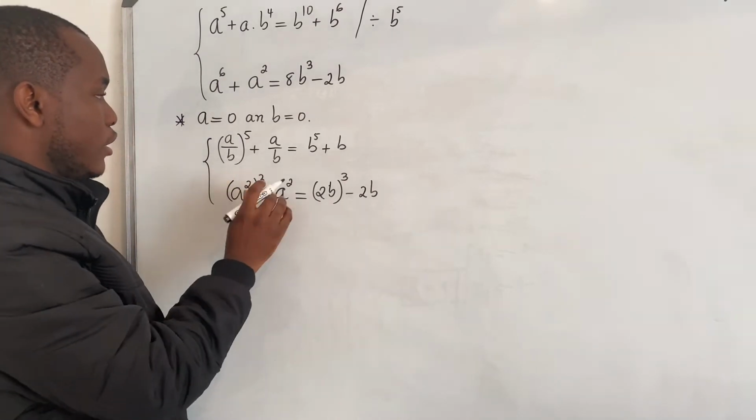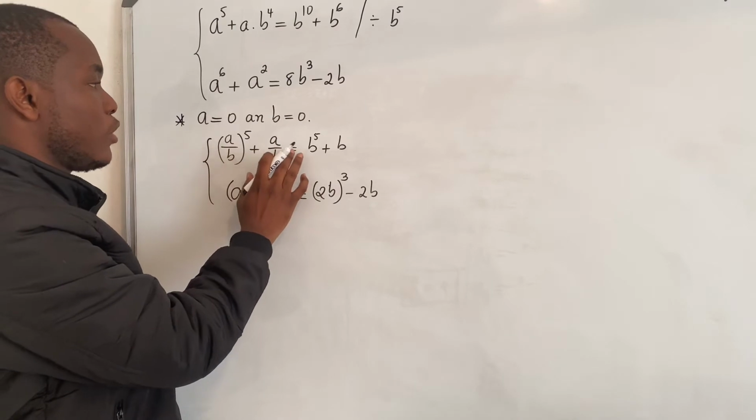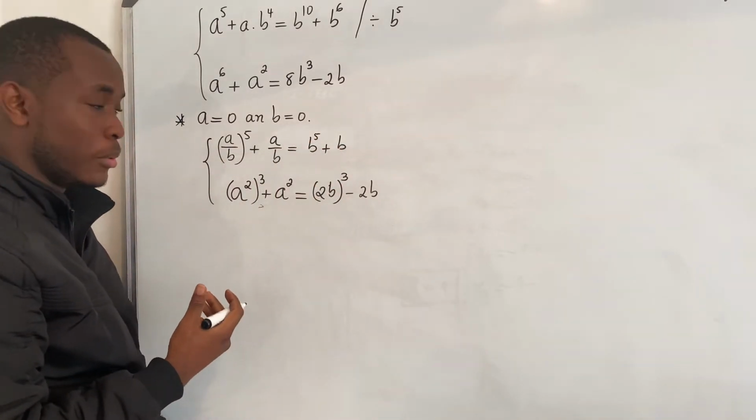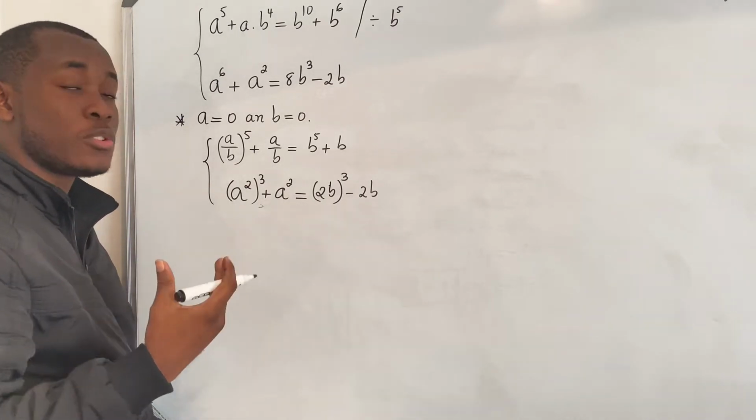Now, having this, let's look here. We have some expression to the power 5 plus the same expression equal to b to the power 5. We can say we are in the presence of a function. Since it's a simultaneous equation, we have to apply two functions.